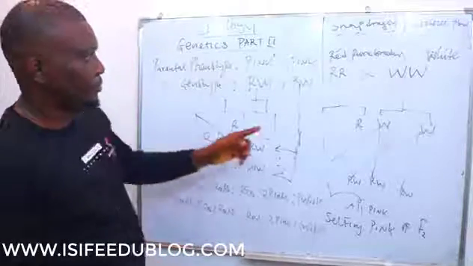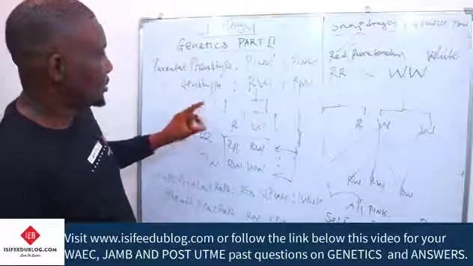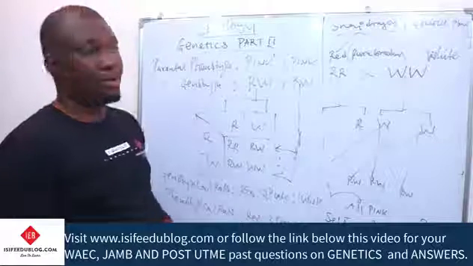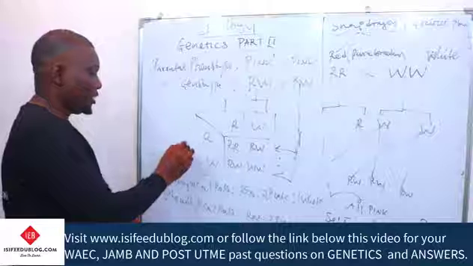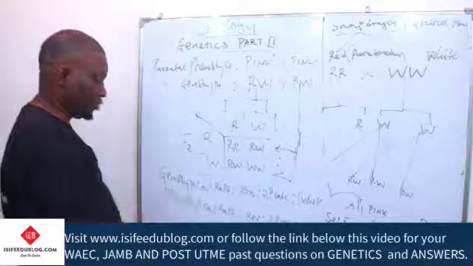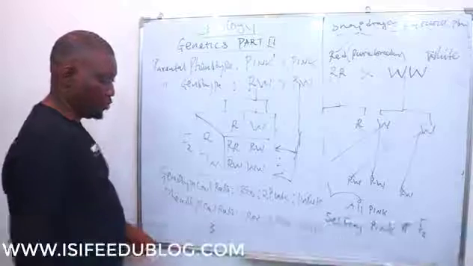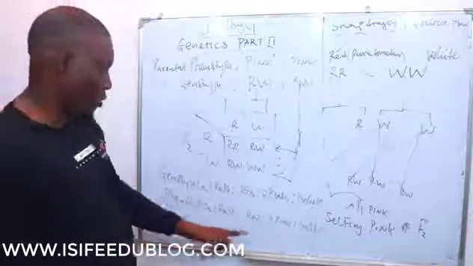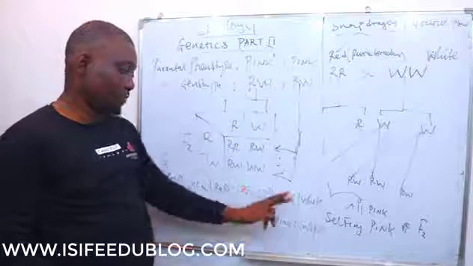Since that is the case, the law of dominance is not obeyed, and the law of monohybrid inheritance is also not obeyed, because in the F2 generation here, this ought to give us a phenotypical ratio of 3 dominant to 1. We did not obtain this 3:1 monohybrid ratio, but we obtained a ratio of 1 red to 2 pink to 1 white.